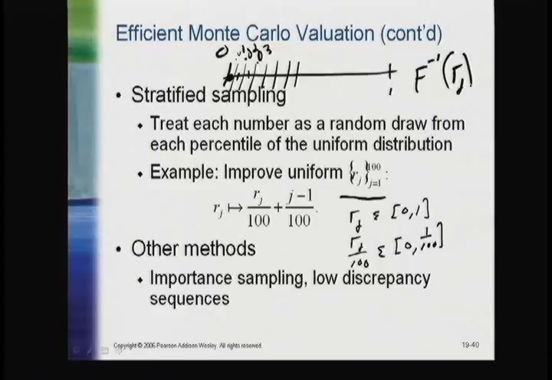Because in fact, if I don't have a collection of uniformly distributed R's that well represents the full range of the uniform distribution, then when I do the inverse cumulative distribution that we saw earlier, I am not going to have a good representation from the F distribution that I'm seeking to reproduce.